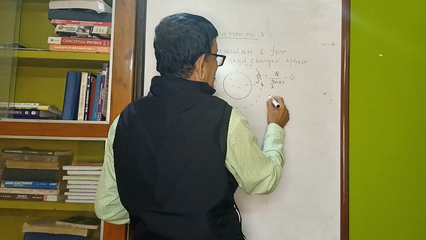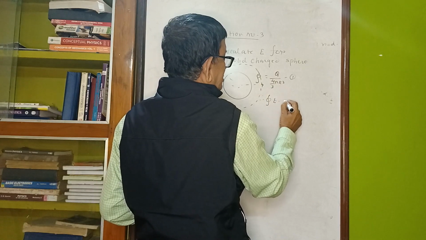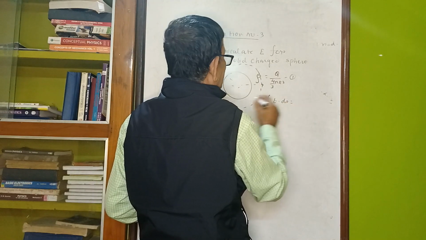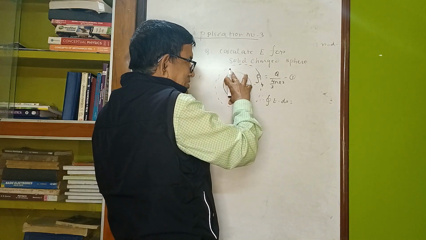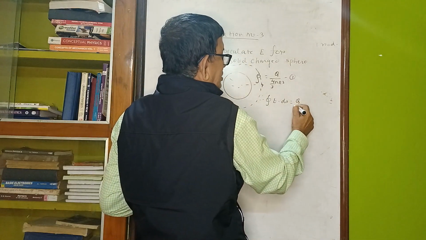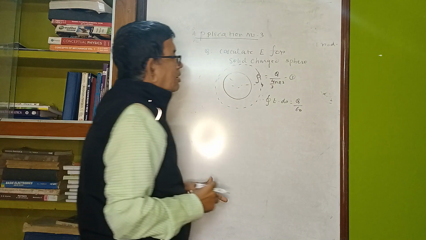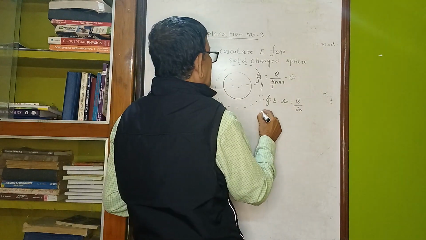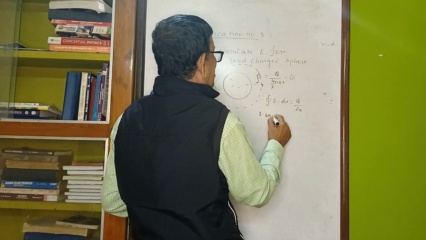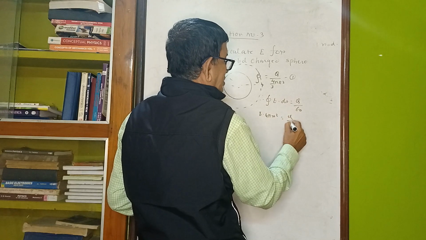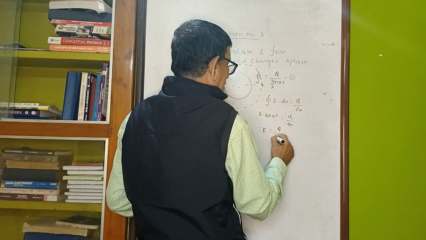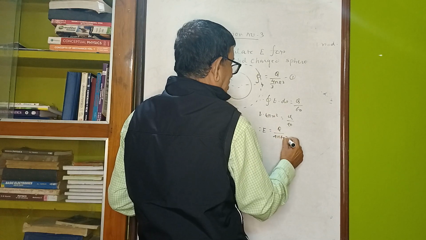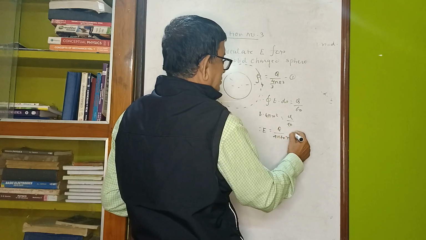Then we apply integral E dot ds. The total charge within the Gaussian surface is the net charge of the sphere, that is Q by epsilon naught. Now you consider E times area 4 pi r square, same formula, equal to Q by epsilon naught. You are getting E equal to Q by 4 pi epsilon naught r square.